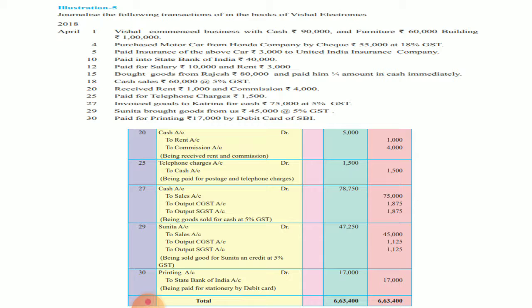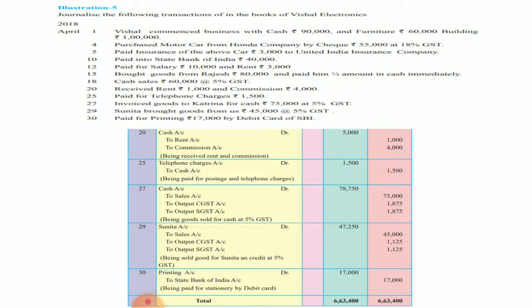So total 2,250 is the GST amount. So Sunita account will be 47,250, to sales account 45,000, to output CGST account 1,125, to output SGST account 1,125. Being sold goods to Sunita on credit at 5% GST.